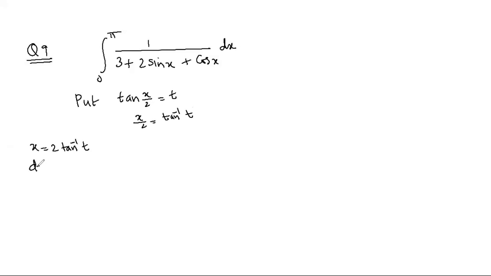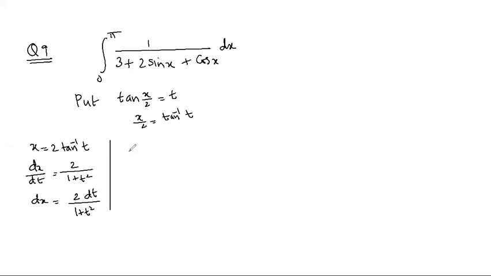Now if I differentiate with respect to t, I will get dx. So I can replace dx as 2 dt upon 1 plus t square. Actually, you don't have to write this many steps. You can directly write dx as 2 dt upon 1 plus t square, provided you have enough practice. So the equivalent of dx in terms of t is done.